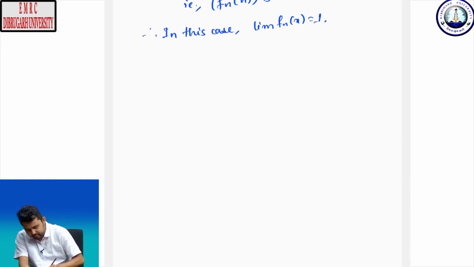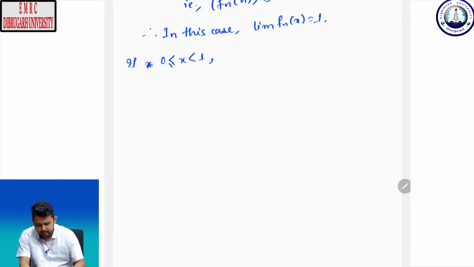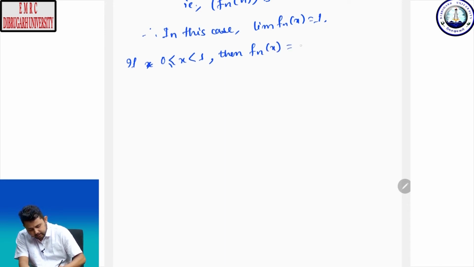Now, if x lies between 0 and strictly less than 1, then my sequence of functions fn x will become x to the power n, where x is less than 1 and greater than 0.